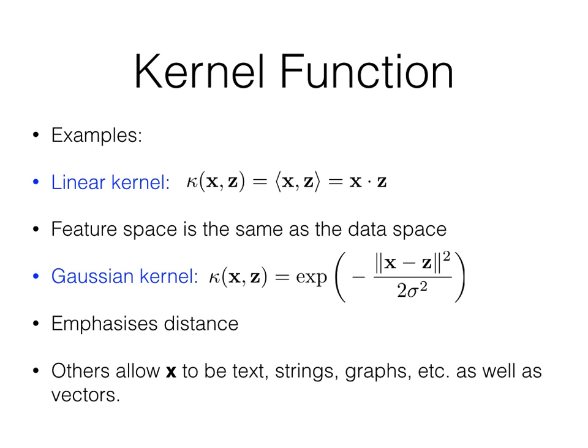So in this case, the feature space is the same as the data space, so we're not doing any transformation there. More typically, people use something called the Gaussian kernel, or it's often called the RBF kernel, for radial basis function kernel. And there, to get the kernel function between data point x and z, we take the distance between x and z, the norm, we square it, divided by 2 times sigma squared. Sigma emphasizes the kind of distance between the data points.